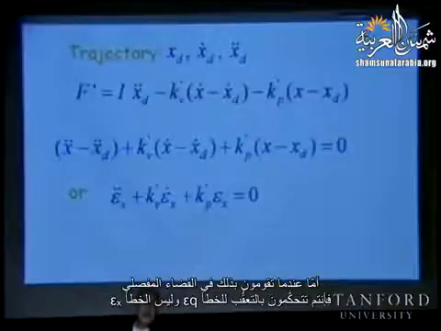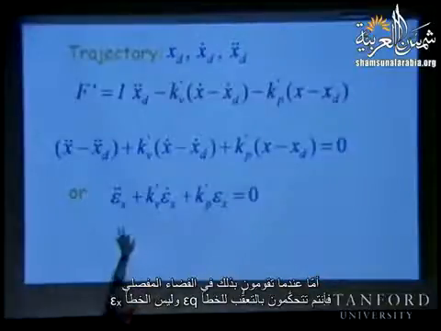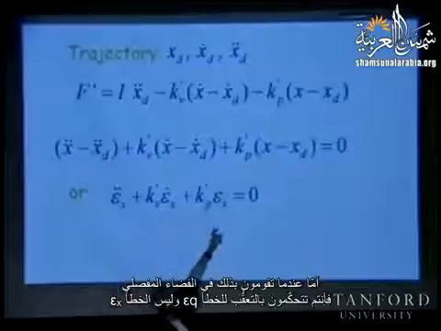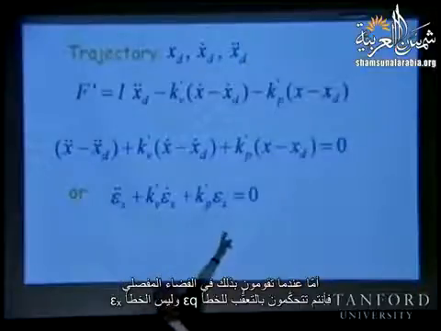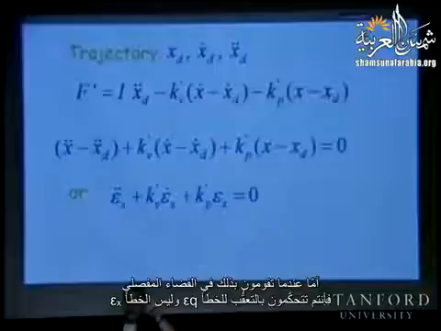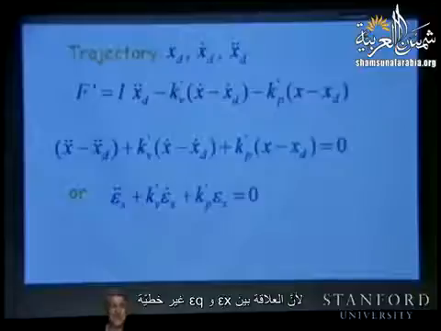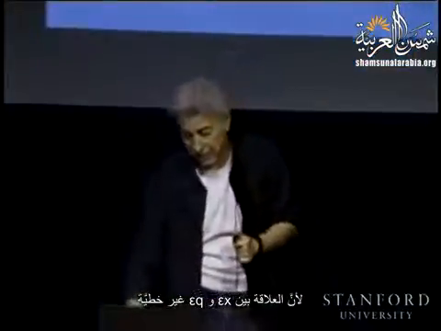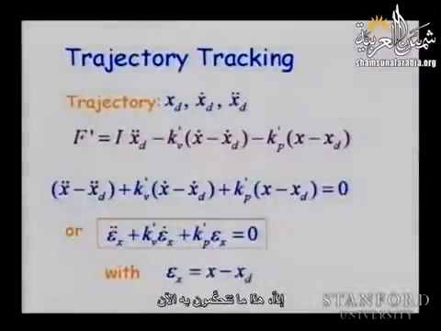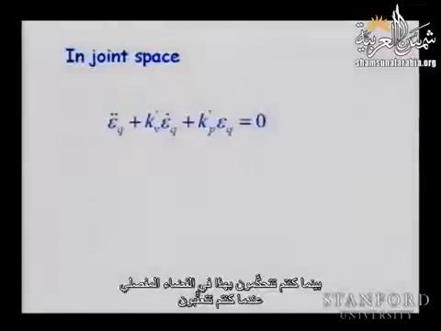Whereas if you do it in joint space, actually you are controlling a tracking in an error, not EX, you are controlling EQ. And dynamically this is very different, because the relationship between EX and EQ is nonlinear. So this is what you are controlling now. Whereas in joint space you were controlling this when you were tracking. Okay.